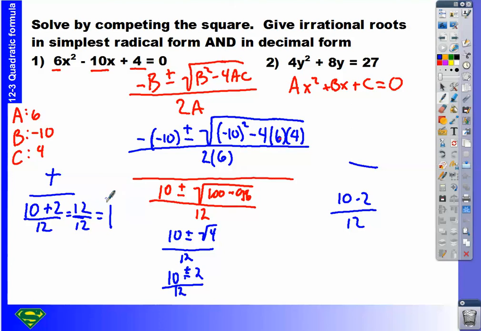Well, 12 over 12 is 1. 10 minus 2 is 8 over 12. Well, that equals 2 over 3. So there we have our two answers, and that's it.